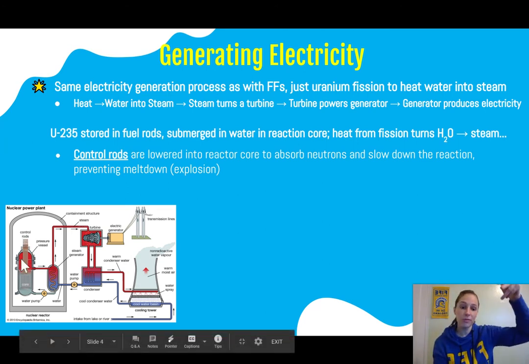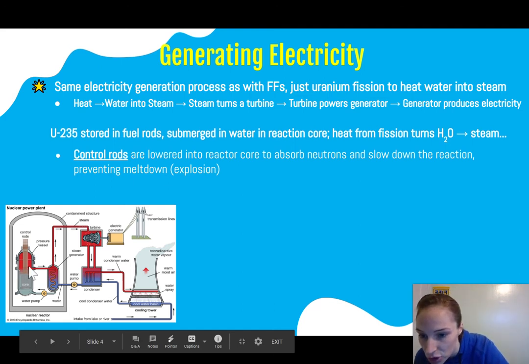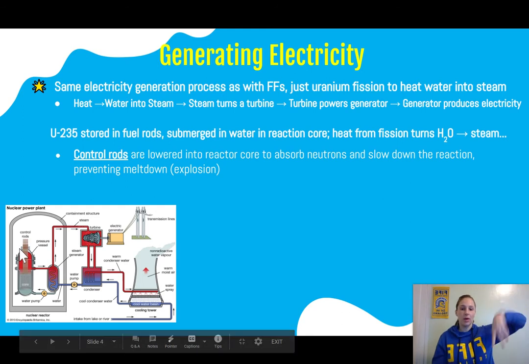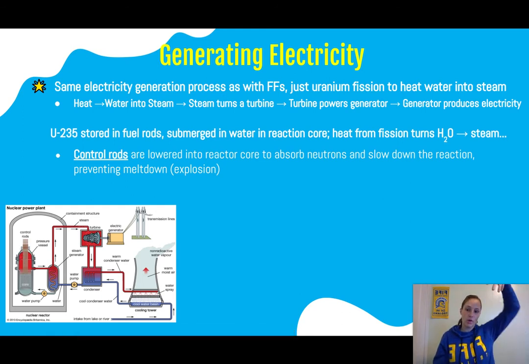You put the fuel rods in the water, submerged in there. Then when you have the reaction going, you can have the control rods go down, and they can absorb extra neutrons to slow down the reaction, which is going to prevent a meltdown or an explosion.